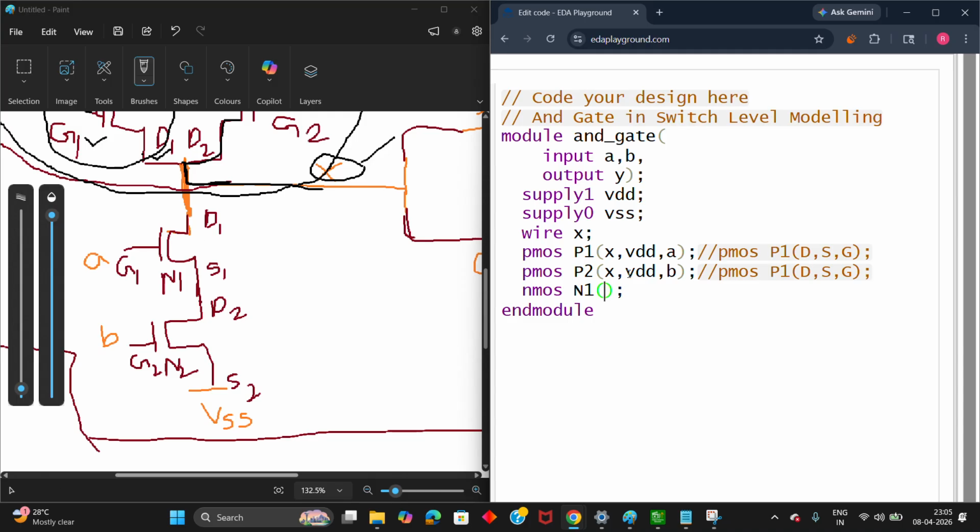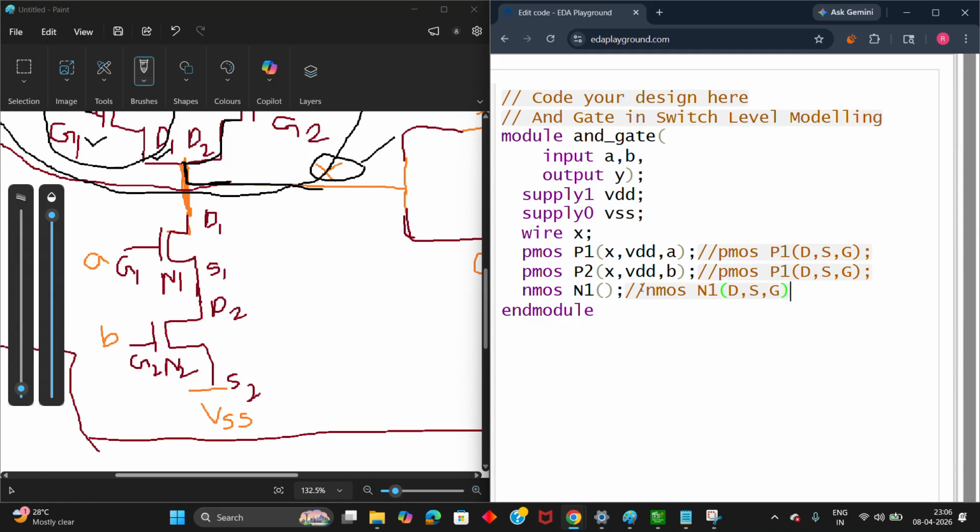How should the order be? Should we first specify the gate, later drain, and then source, or any specific order? Yes, the same order we are going to have as in the PMOS. First you need to specify the drain, later source, and then gate.